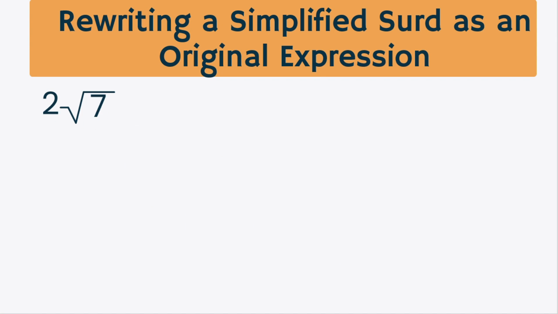So the next question says we should rewrite the simplified surd to its original expression. So comparing this to a root b, then a is equal to 2 and b is equal to 7.